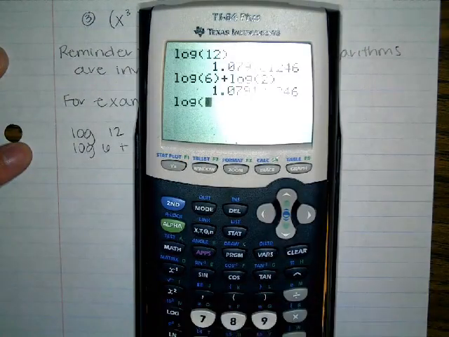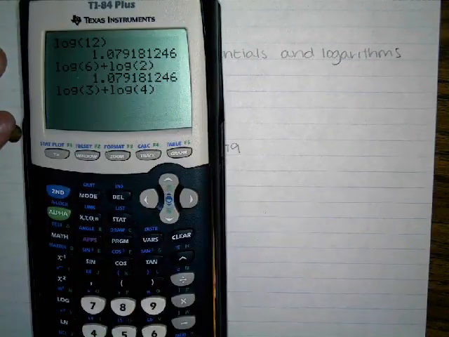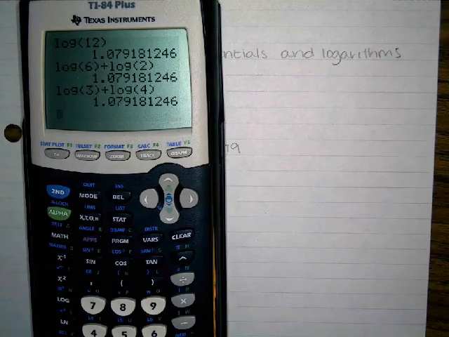Okay, let's try log 3 plus log 4. Also the same thing.